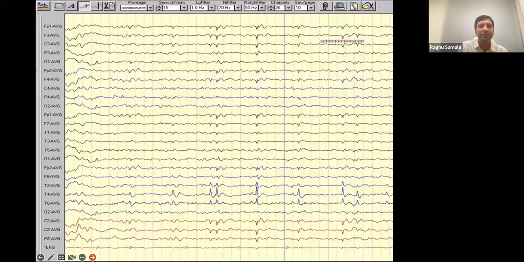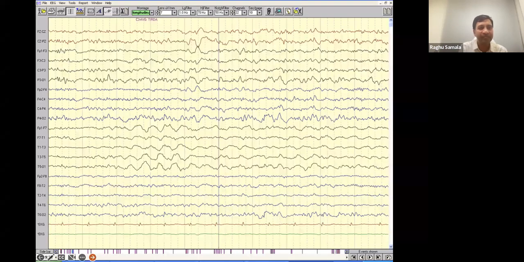In the whole page, you can see one area where the number of waves is less. Somewhere on the left side, in the frontotemporal region, you can see the number of waves coming is only 2 or 3. So the rhythmic delta activity, delta meaning fewer waves in one region rhythmically, is also epileptogenic; that is also abnormal. So here you can see again, in the third second, spikes distinguished from the background.